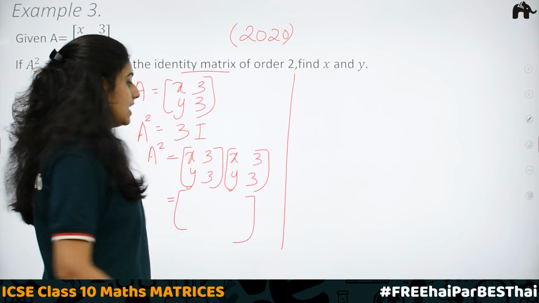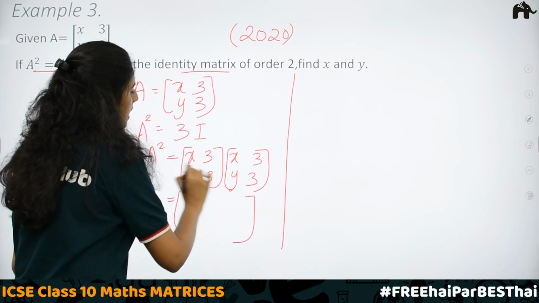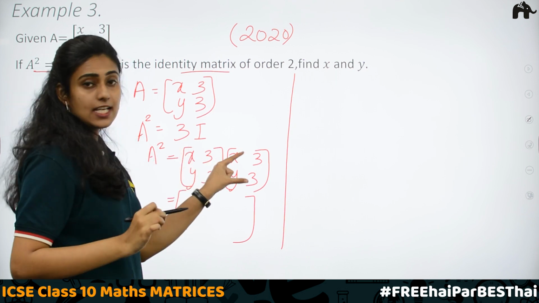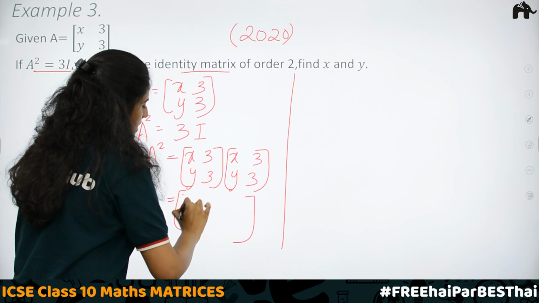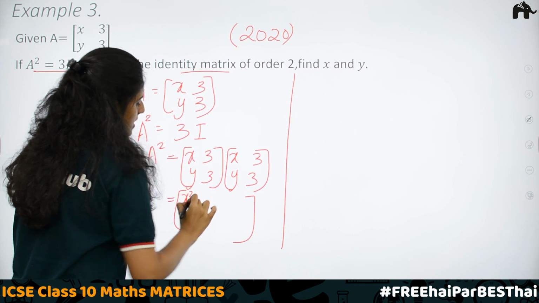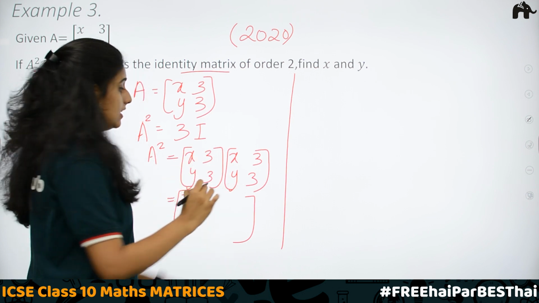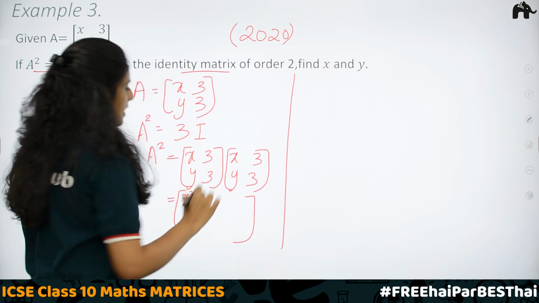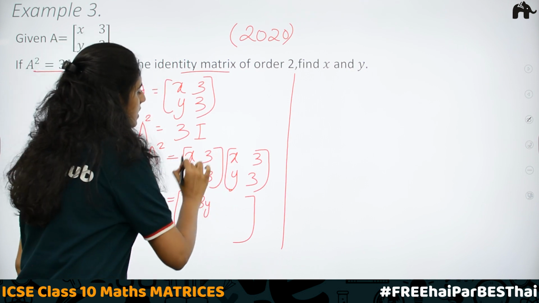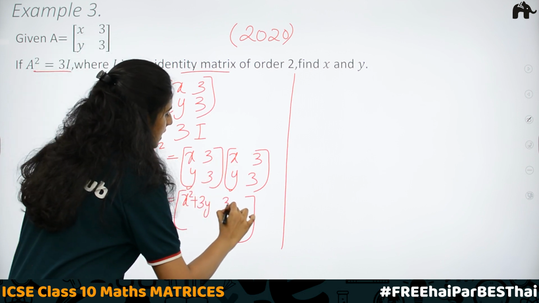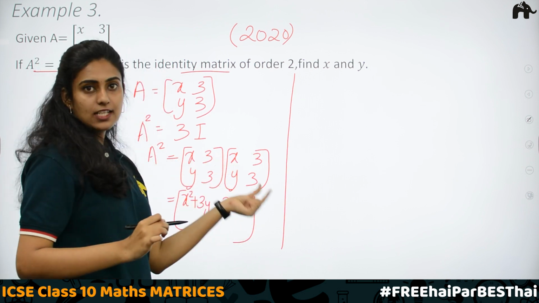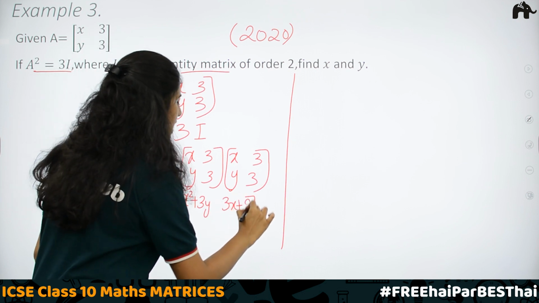To get the first element, we have to multiply the elements of the first row and the elements of the first column of the second matrix. x into x is x square plus 3 into y, 3y. Next, we take the first row and the second column. x into 3 is 3x, 3 into 3 is 9, 3x plus 9.